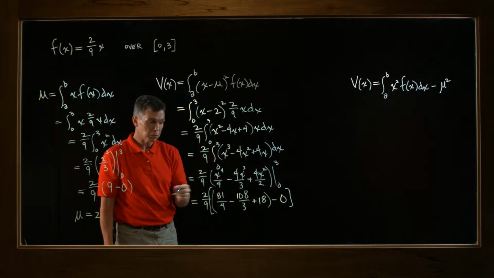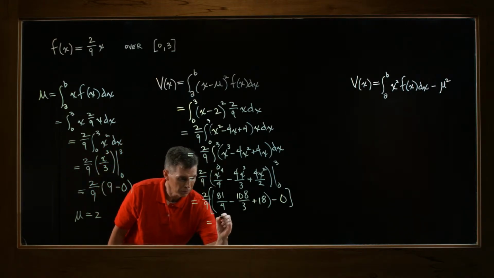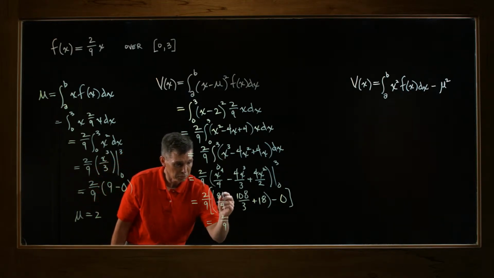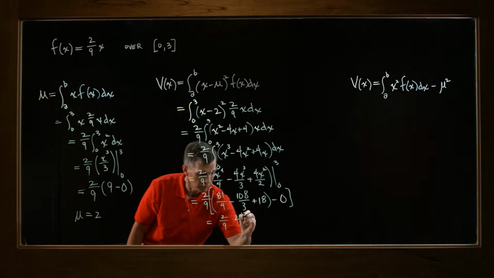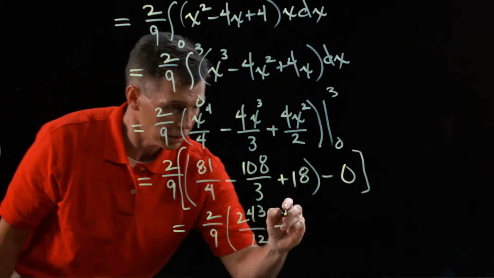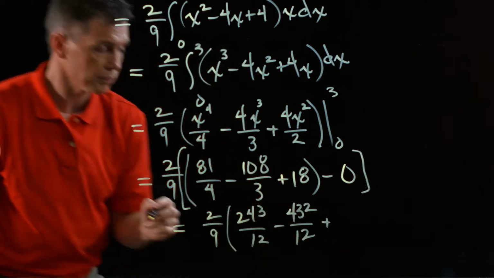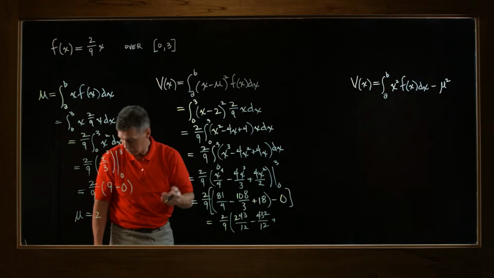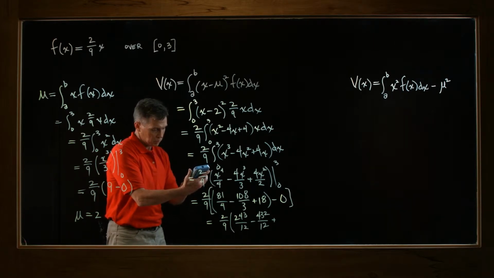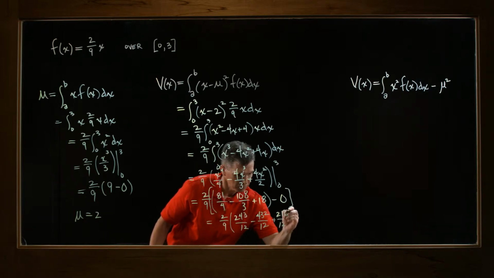Now I need to clean up a little bit more with some arithmetic, trying to find a common denominator of 12, 2/9. Common denominator of 12, so multiply by 3 here, 243 twelfths. Multiplied by 4 here, 432 twelfths. Now 18 times 12, even if you grab a calculator for that, looking at 18 times 12, 216 over 12.